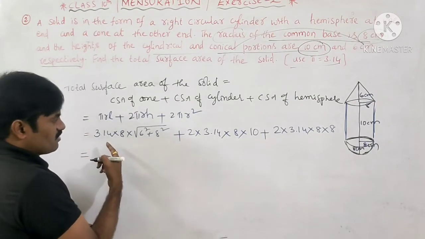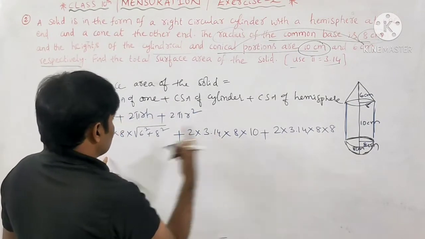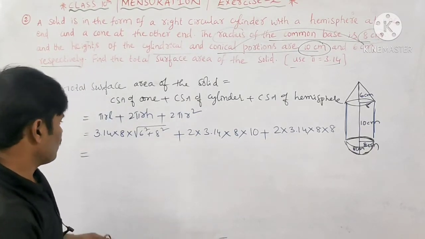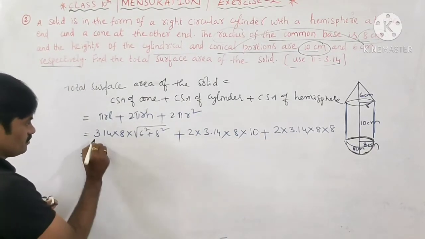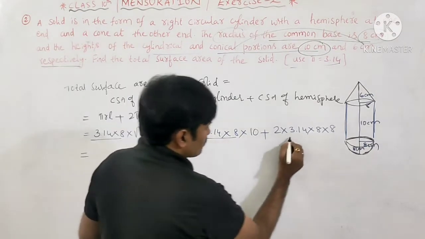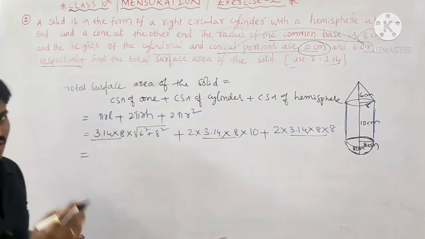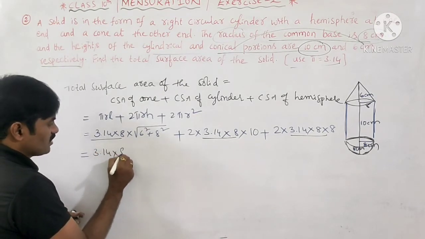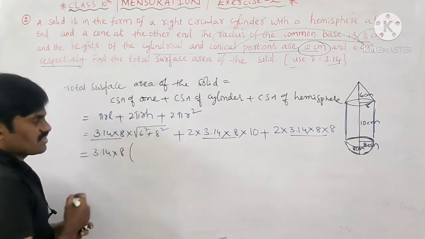Now if you observe, in each and every curved surface area, 3.14 into 8 is common. So take it out. Then it becomes 3.14 into 8 of the square root of 6 square plus 8 square.